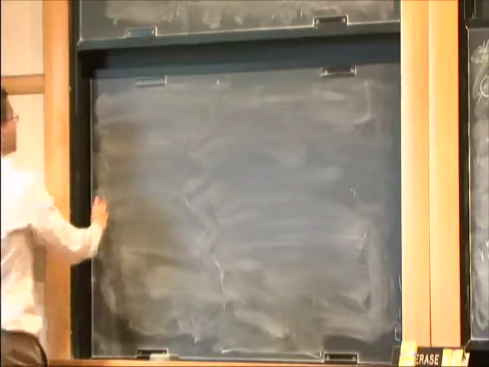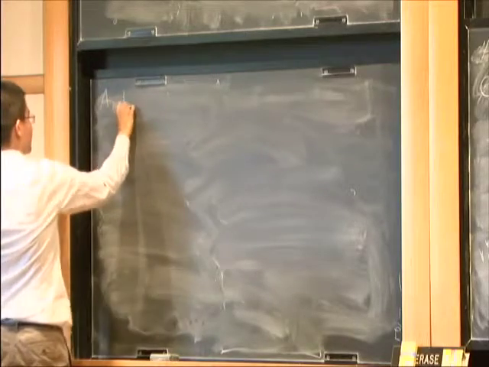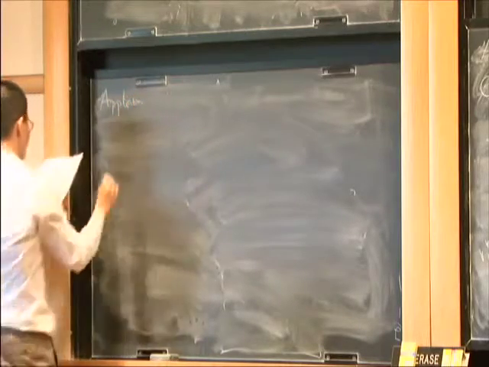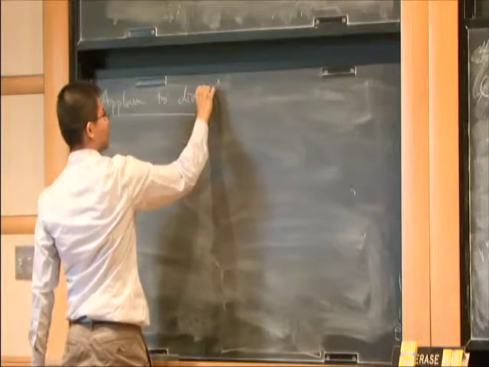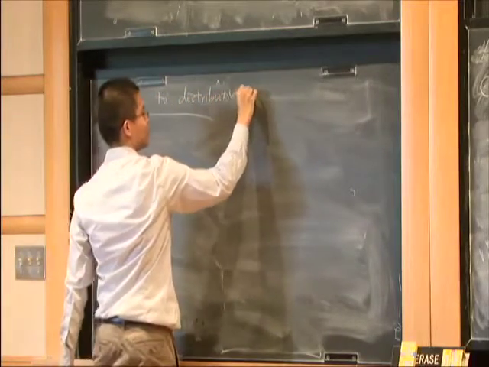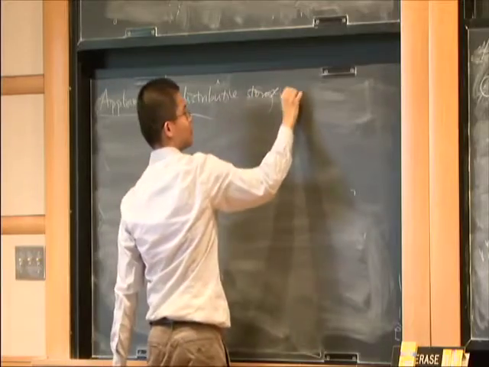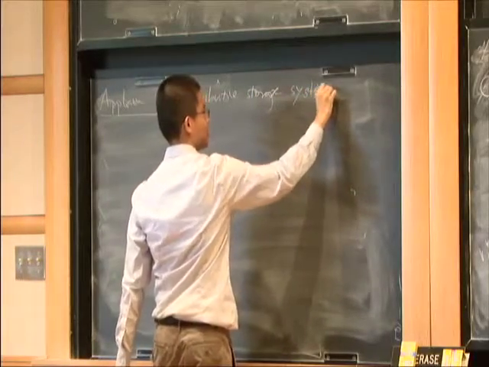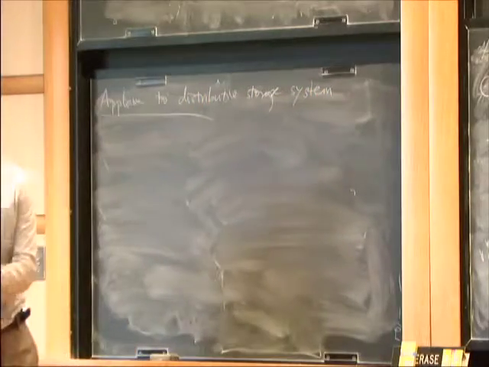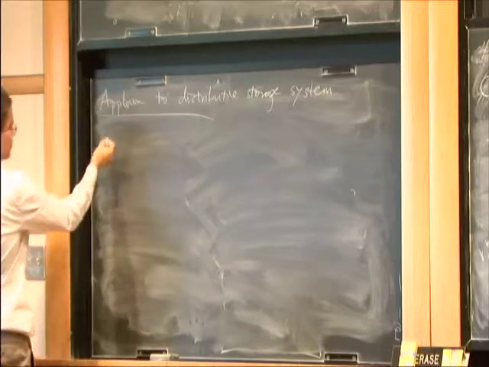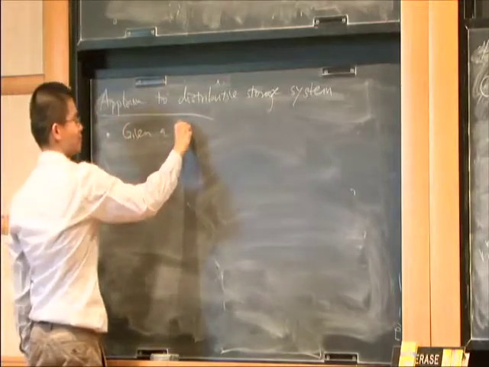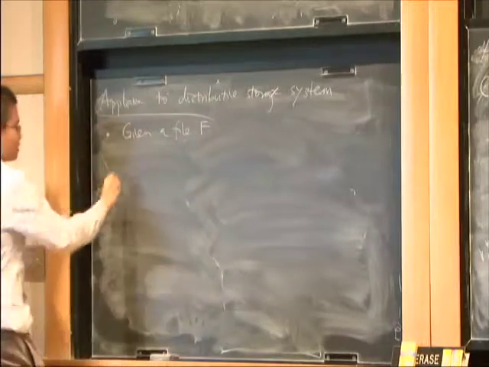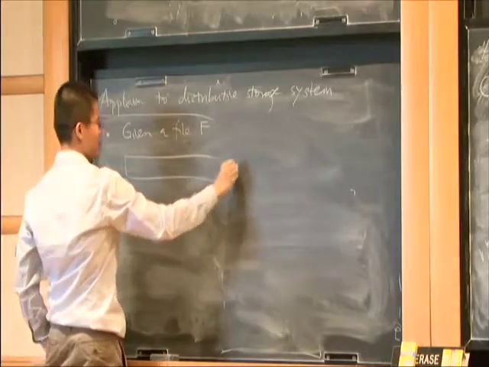Okay, so the last application I want to talk about is the application to designing a distributed storage system. So the distributed storage system is the following way. First of all, we're given a file f. Suppose we have a long file f here.